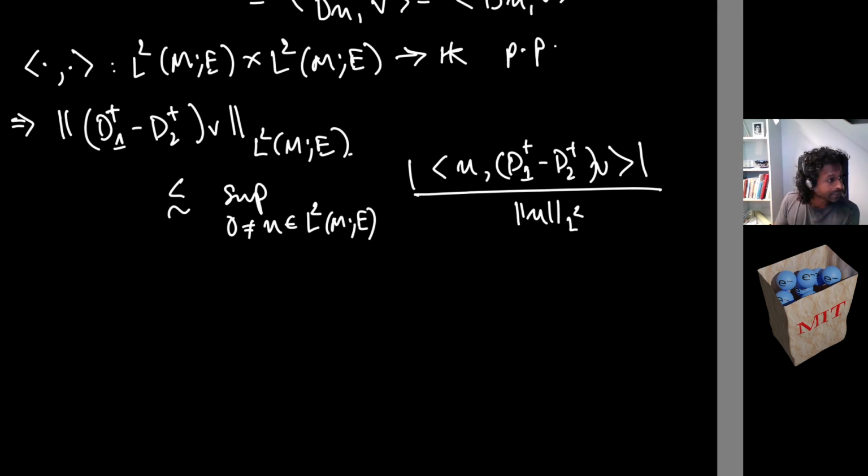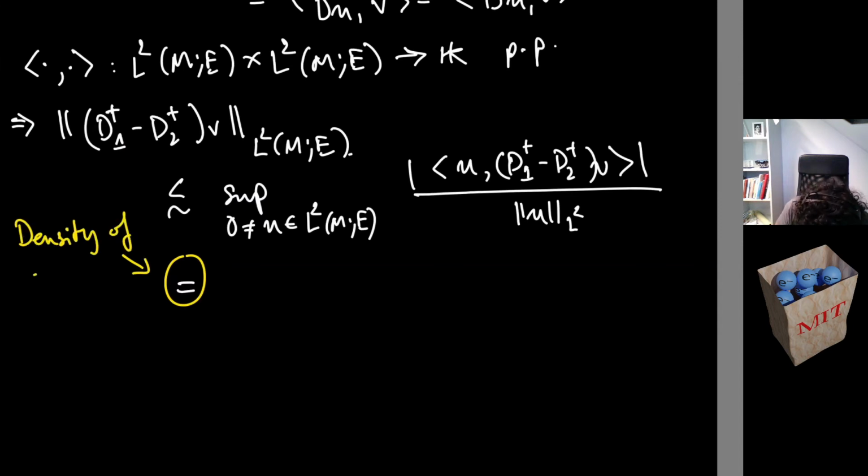So now precisely we can pass to a dense subset. We know that C infinity CC is dense from the previous proposition. So this is density of C infinity CC in L2.